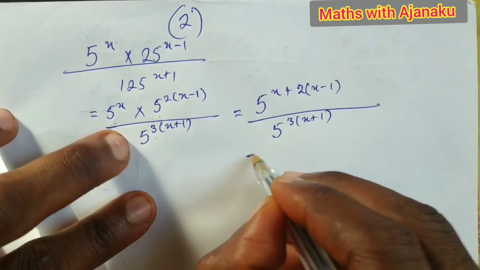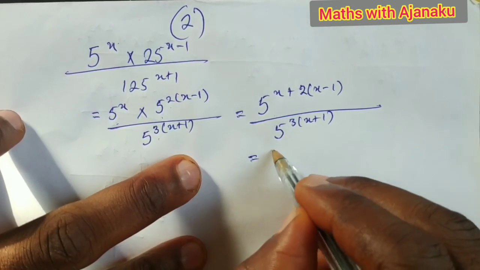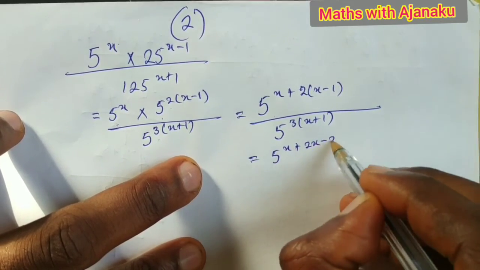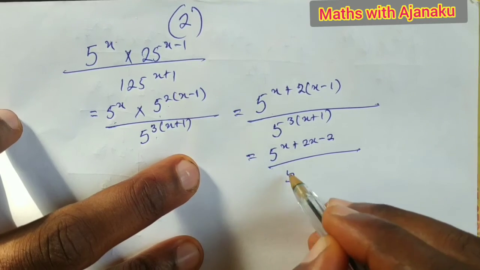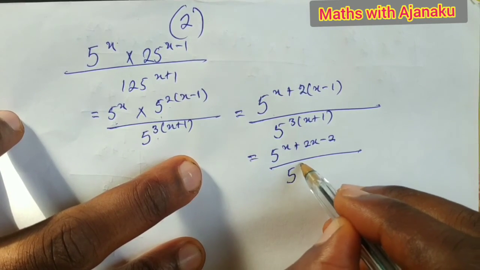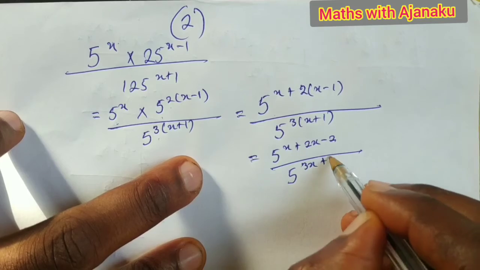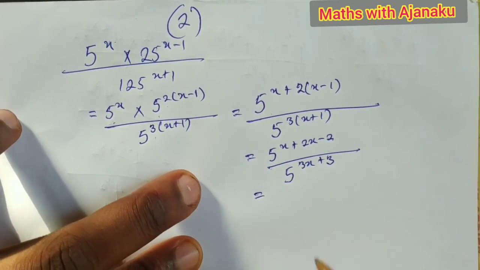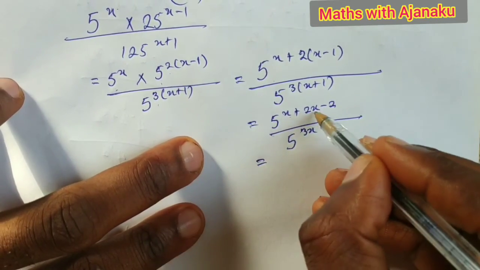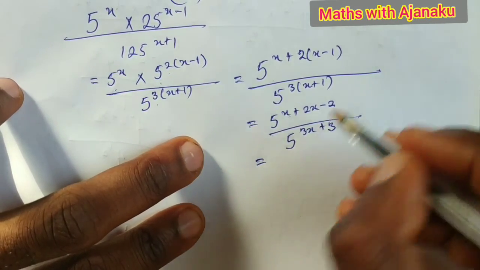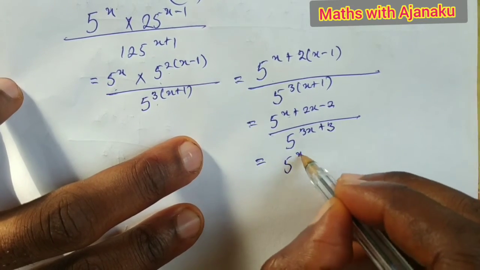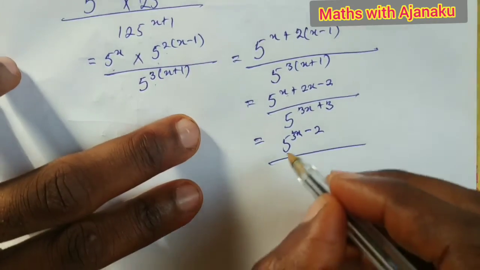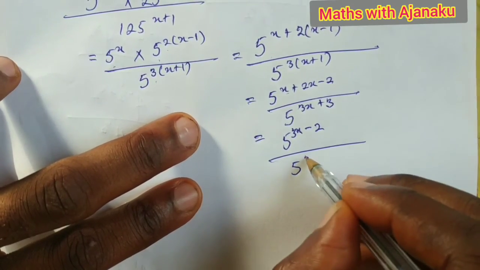Simplifying the top further, we have 5 raised to the power x plus 2x minus 2, all over 5 raised to the power 3x plus 3. Most simplified, x plus 2x is 3x, so we have 5 raised to power 3x minus 2, all over 5 raised to the power 3x plus 3.